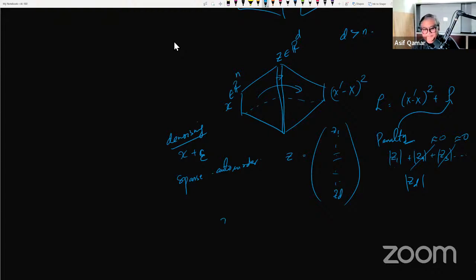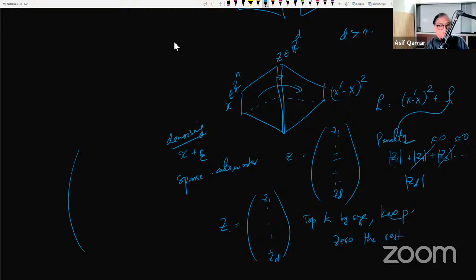You take Z, you produce Z is equal to Z1 all the way to Zd, but you don't consider this to be the real Z. You do one further transformation. You pick the top K values by size in this vector, keep them, and zero the rest.